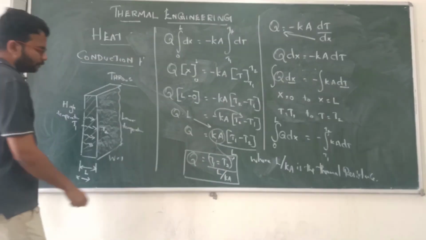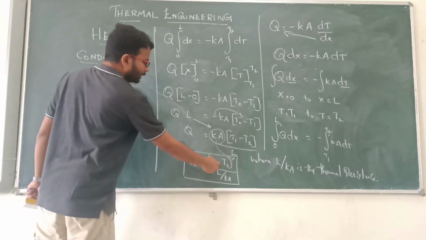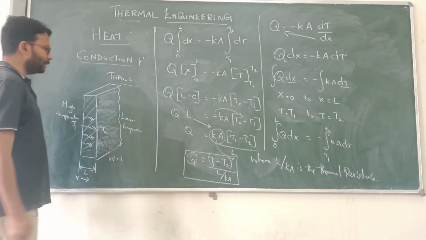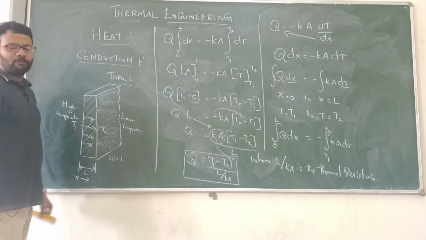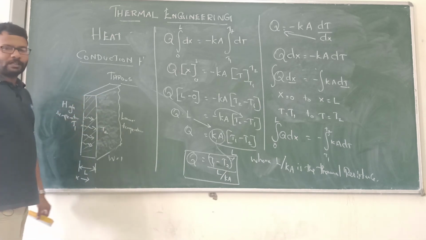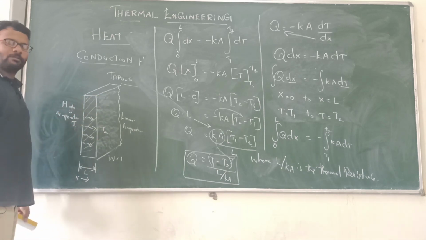The final value will be Q equals T1 minus T2 divided by L by KA. This is the final formula for the conduction heat transfer through a plane wall.